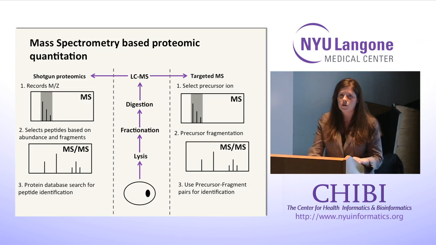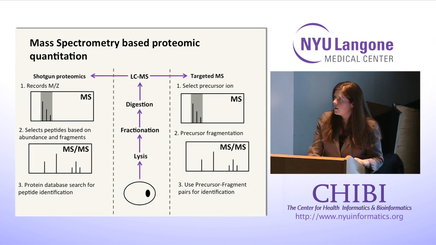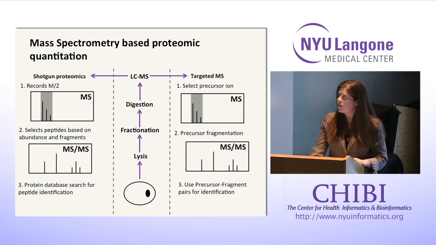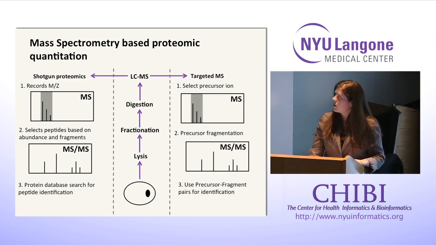It fragments those peptides, measures those in MS2, and then uses a protein database search to identify peptides. In targeted mass spectrometry, you select your peptide before your experiment, and you measure that peptide, your precursor ion, then you fragment that peptide and identify the peptide using this precursor fragment pair.